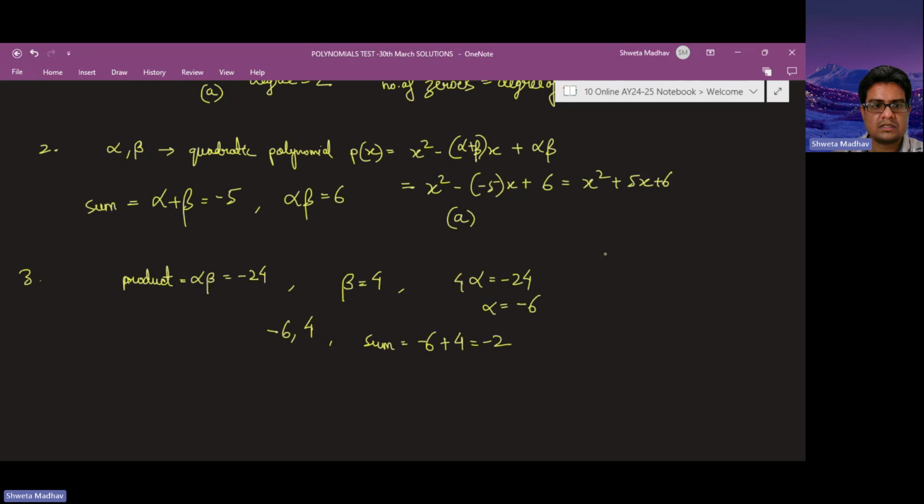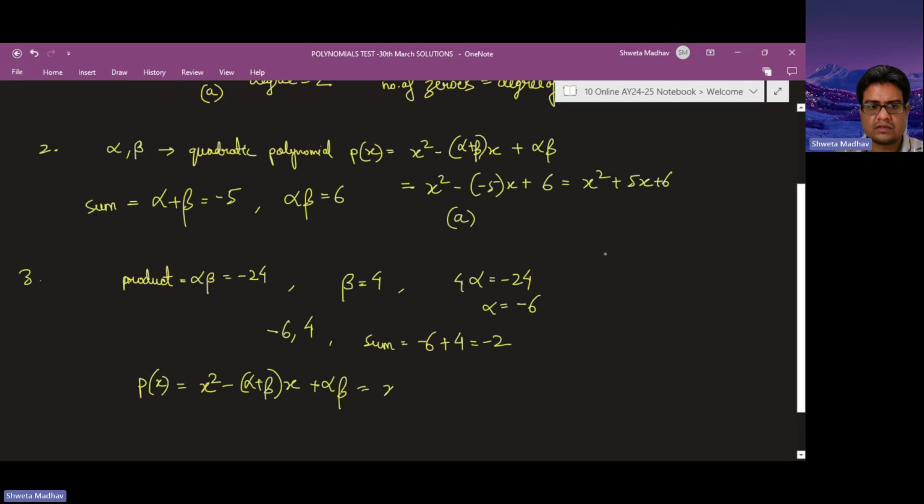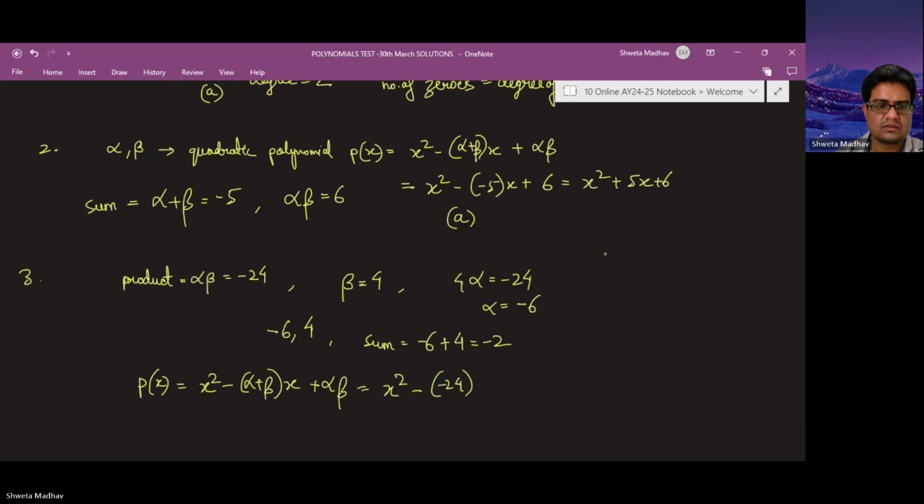As we know, the quadratic polynomial p of x can be written as x square minus (alpha plus beta, the sum of the zeros) into x plus alpha beta.